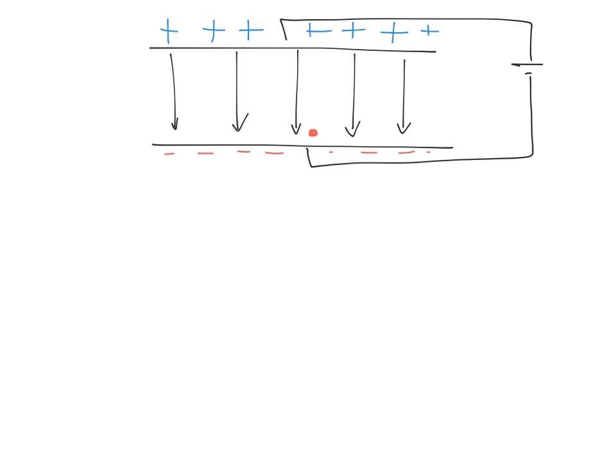Now, the work that would be done on the particle or by the particle to move across this gap would be given by the work equation. Work is equal to force times distance. That shouldn't be a shock to anybody.